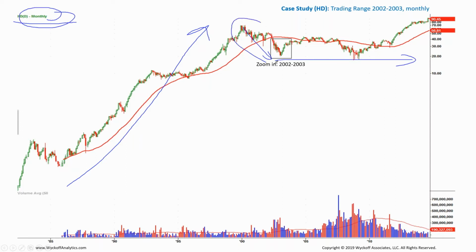It's a significant change of character. It's not the change of character that we had here, let's say here. It's twice as large, maybe even 3 or 4 times as large. So that suggests that the duration of the trading range is going to increase.